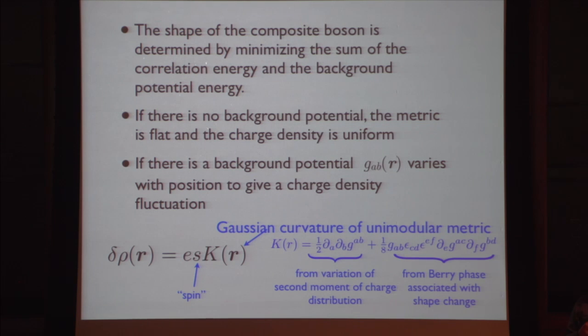Like in a solid, the natural unit of length is how many unit cells you step that way, and that way. Here, the unit cell is replaced by a composite object, which has a definite area and a definite shape, and you measure how many droplets away you have to go.